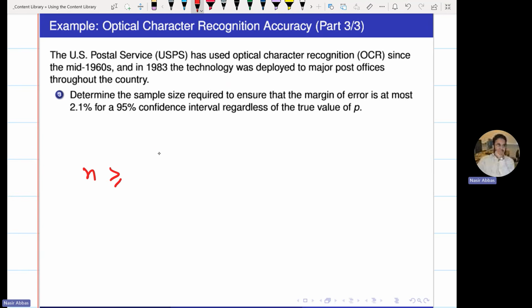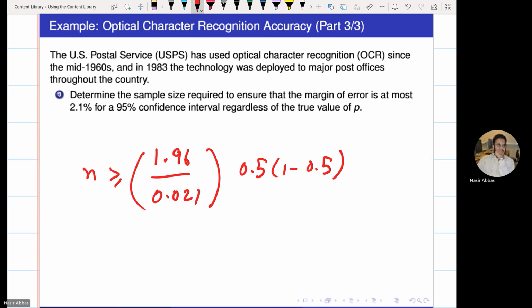Your N will be greater than or equal to (1.96 over 0.021) squared multiplied by 0.5 into 1 minus 0.5. So if there is no prior estimate of P available, what is the value of P you will use in the formula? 0.5. And again, you will round it up.